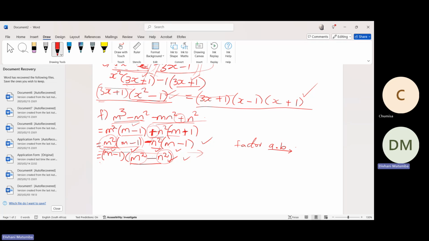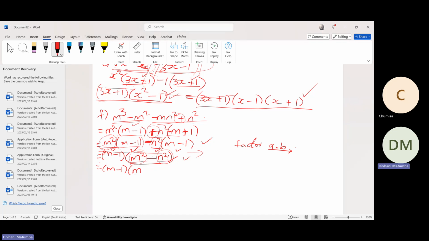It is the same thing that I did here. So you must always look out for the difference between two squares. You agree? Yes, sir. Okay, so we're going to have m minus 1 into, how do we factorize this difference between two squares? Yes, square roots. Yeah, square root of m, it's m. I agree with you.